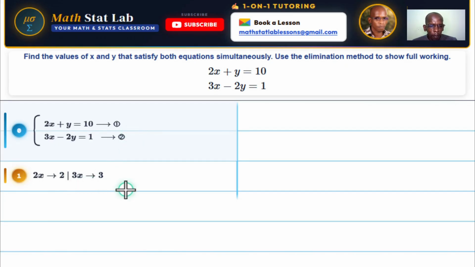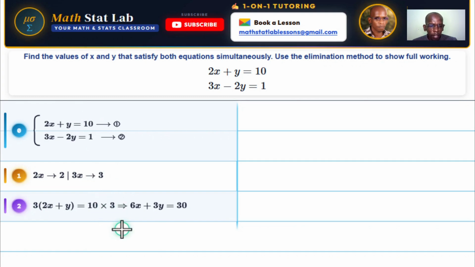Then from there, I need to take the coefficient of x in the second equation, which is 3, and multiply it with the first equation. Everything in the first equation will be multiplied by 3. So it becomes 3 into 2x plus y, which is the first equation, is equals to 10, which is still the answer of the first equation multiplied by 3.